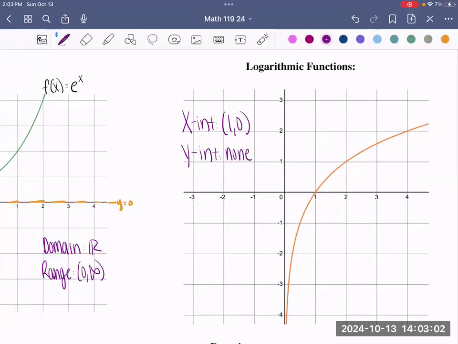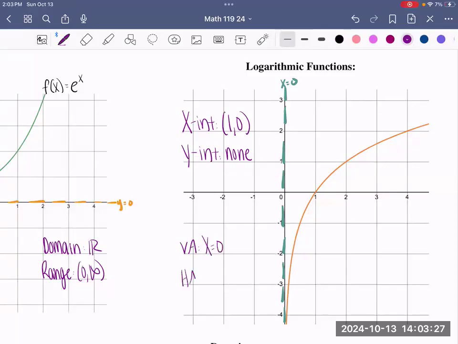Well, this time we do have an asymptote, a vertical asymptote. Instead of at y is equal to 0, we have one at x is equal to 0. So we have a vertical asymptote at x is equal to 0.